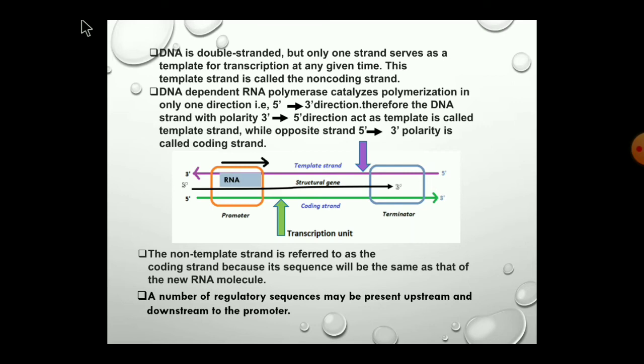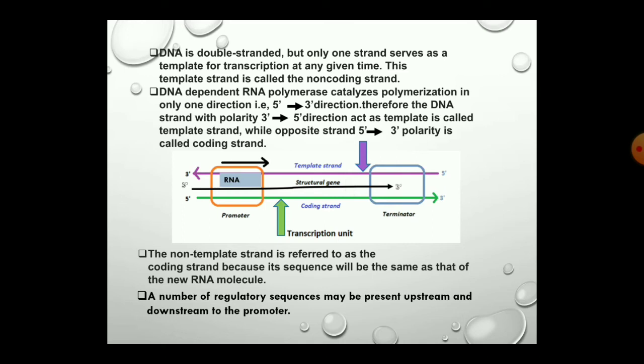The structural genes in prokaryotes are polycistronic. That means these structural genes code for more than one protein or more than one polypeptide. Hence, in prokaryotes, the transcriptional unit is polycistronic.